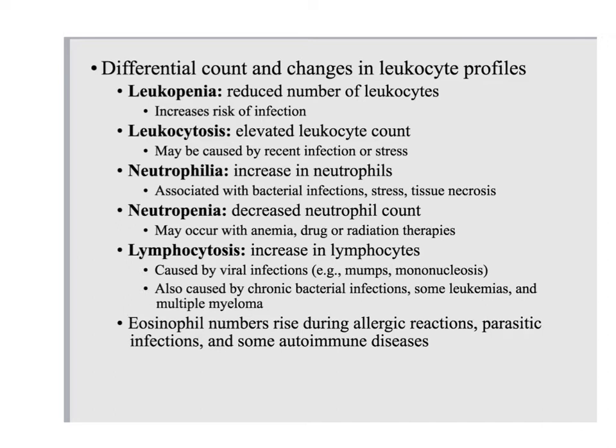Why didn't I include basophils in here? What's the normal percentage of basophils? Like less than 1%, right? So if they go up, they're going to go from 1% to 2%. It's not going to be a big deal, okay? And they're also involved in some allergic reactions as well.